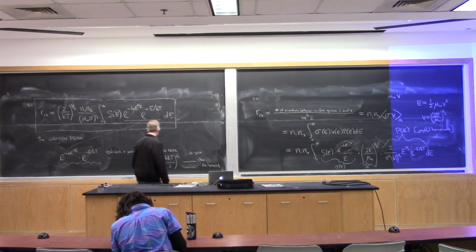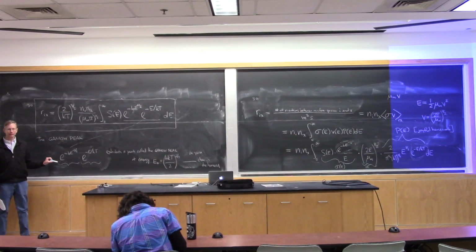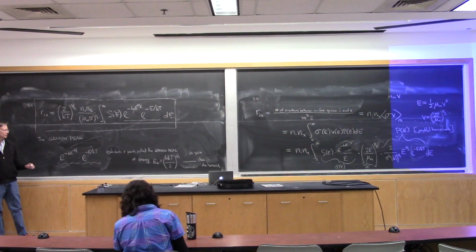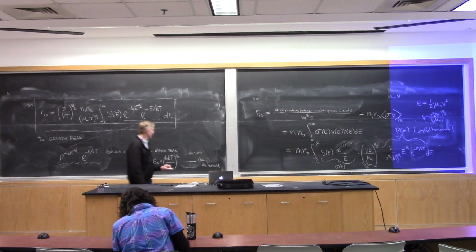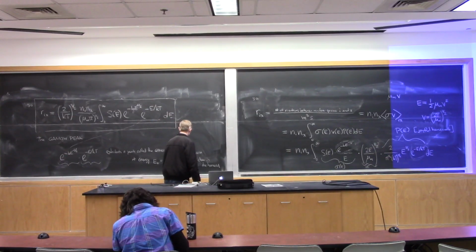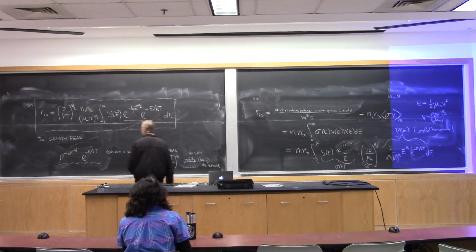So you will show that the maximum of this product occurs at that particular energy. How will you show it in the homework? You will show it joyfully, of course, yes. You will joyfully show that.